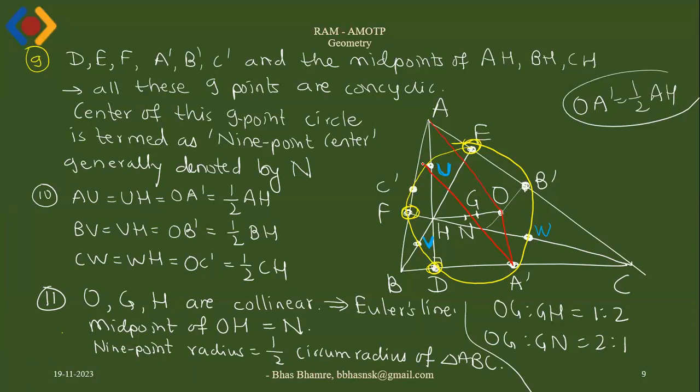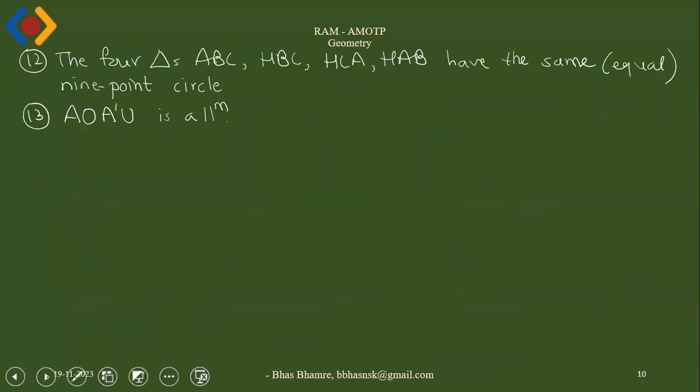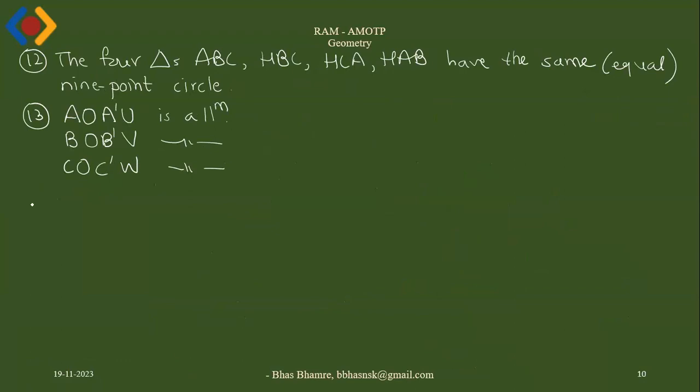It is very simple. And how did we get A, O, A prime, U? Similarly, we have B, O, B prime, V and C, O, C prime, W, and they are parallelograms.